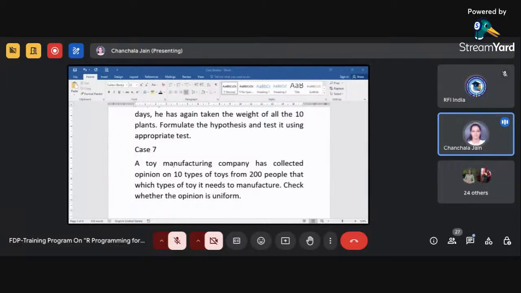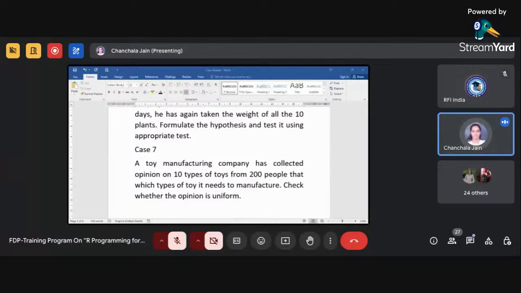People are saying out of 10, I'm selecting one, another selects the next one. So I will get the count of the people for each type of toy I need to manufacture. I want to see the uniformity in that frequency. That will say that I'm finding the uniformity in the opinion of the people. Is it clear? So this is a case of chi-square test.